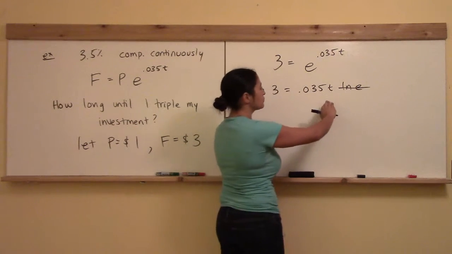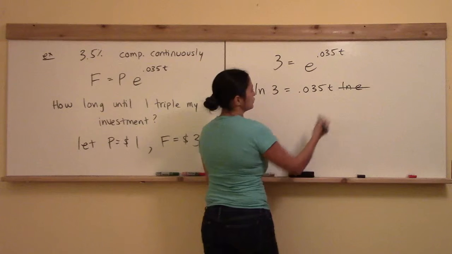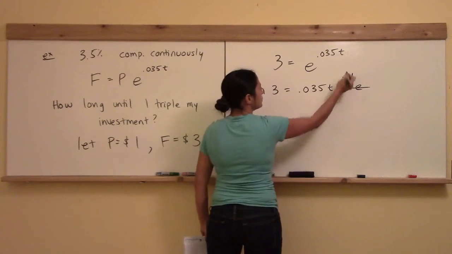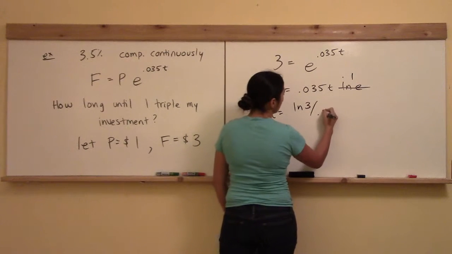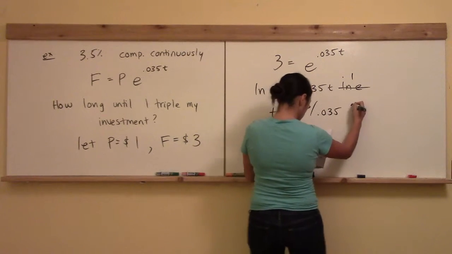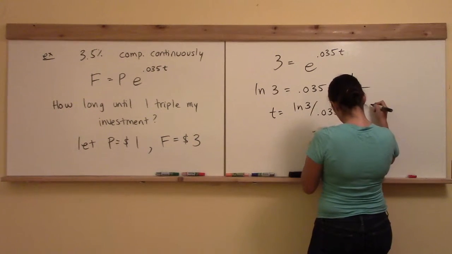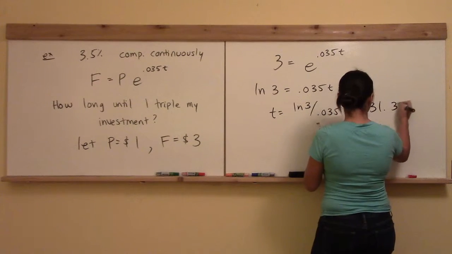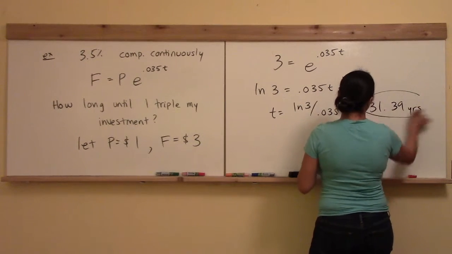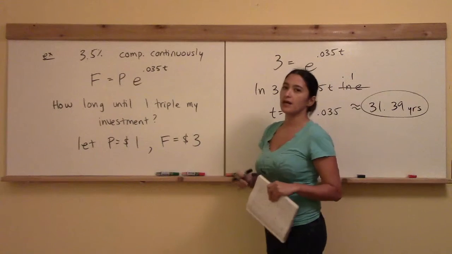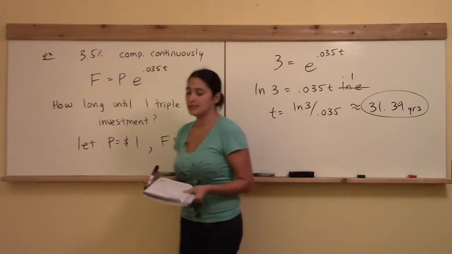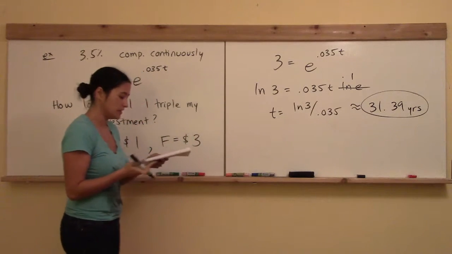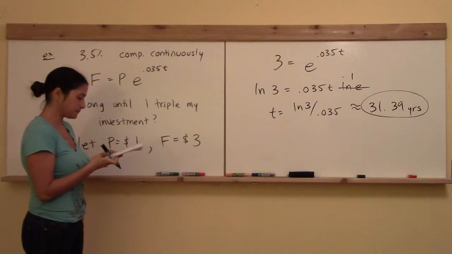So the natural log of the natural number is equivalent to 1, so you can just leave that off if you like, and then say that t is going to be ln 3 divided by 0.035, and that's approximately, I got 31.39 years. Okay, so at that rate and that type of account, it would take me over 30 years to triple an investment, and that's any investment, any amount that I put in, it's always the same.